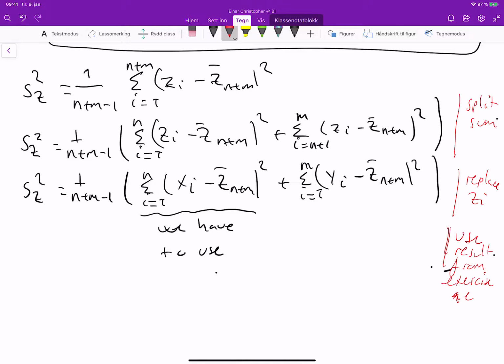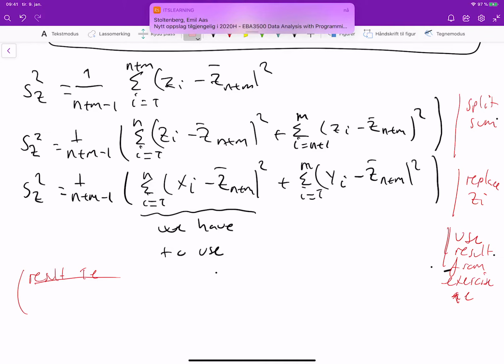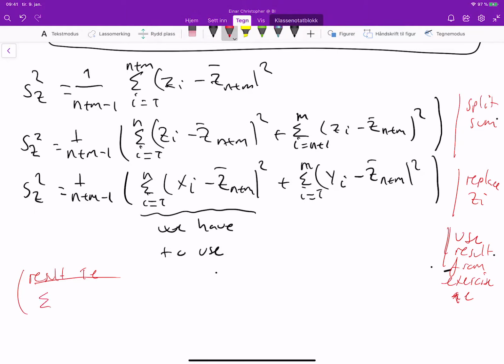Remember result 1E, that is the sum i equal 1 to n of xi minus a in the power of 2 was equal to n minus 1 times sx in the power of 2 plus n times xn bar minus a in the power of 2.